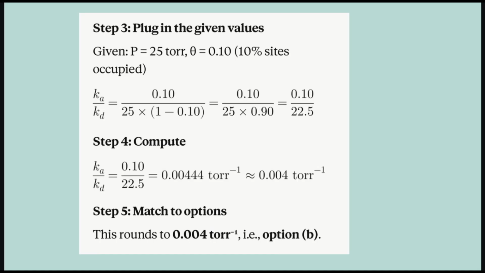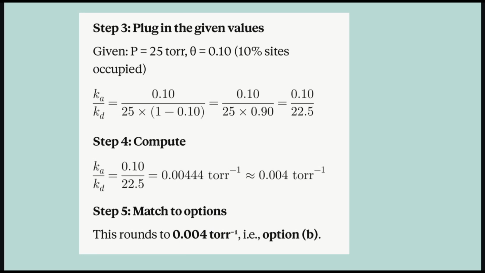In step 4, you compute this. So Ka divided by Kd is equal to 0.10 divided by 22.5, that is equal to 0.00444 per torr, that is approximately 0.004 per torr.